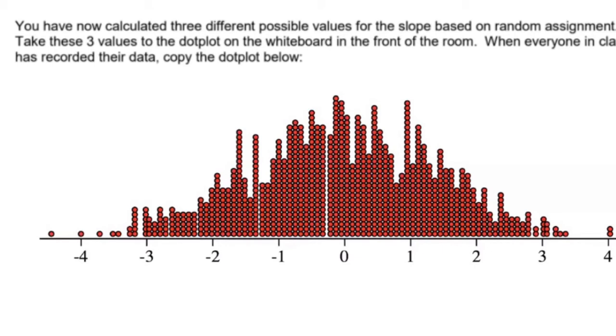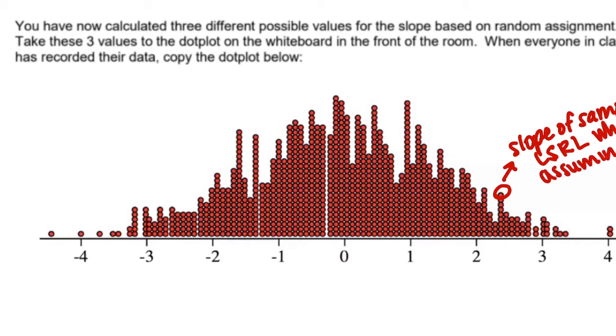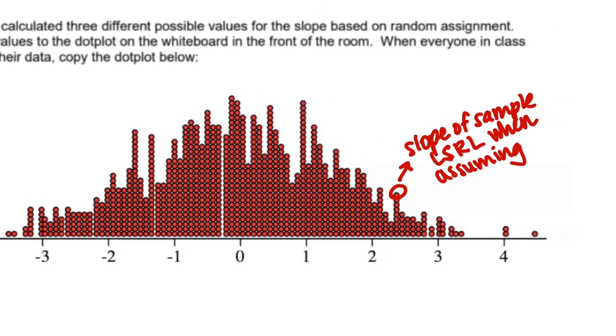Of course, I want to start off with circling one of the dots and saying, what does this dot represent? So remember, each of your dots that you guys found was the slope of the sample LSRL, but remember, when assuming no relationship.